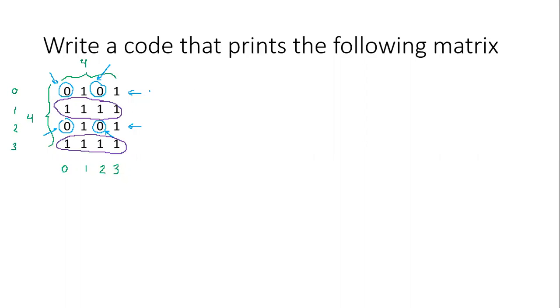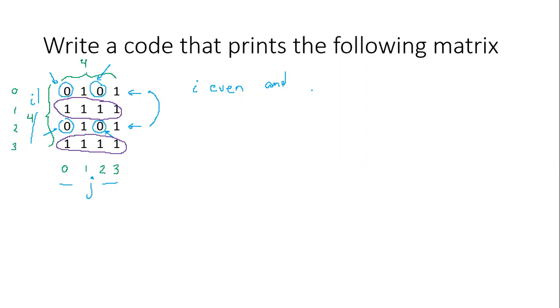If this and this happen, if I is even, and I'm going to call these guys the rows I, and I'm going to call the columns J for you to know. These guys are J's, these guys over here are I's.